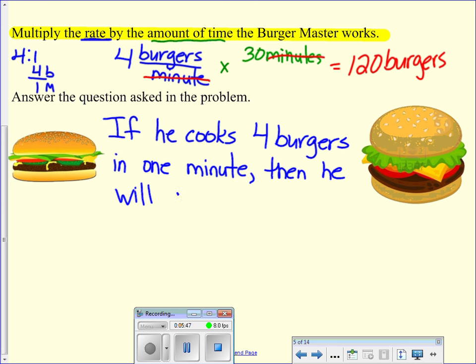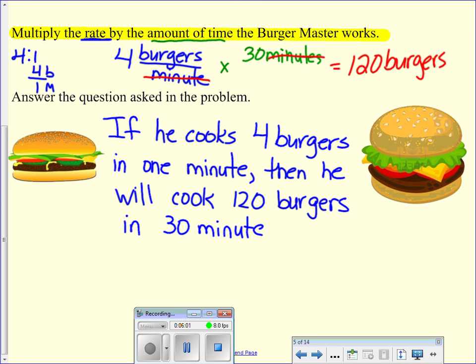What'd we figure out? Then he will cook 120 burgers in 30 minutes. So I put the rate and the answer in an if-then statement. So now you can copy this in your notes.